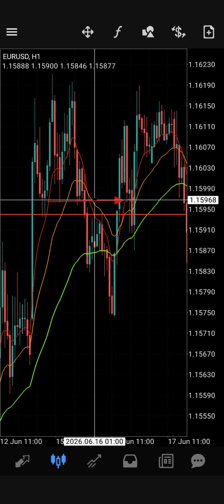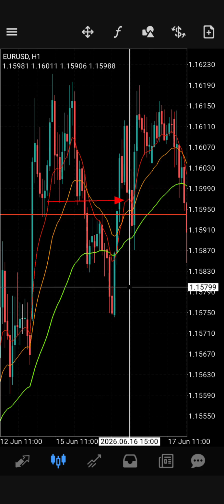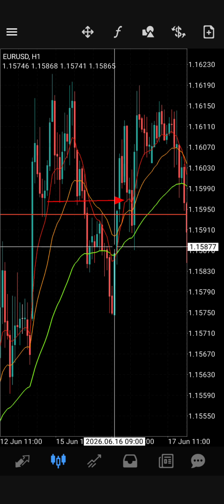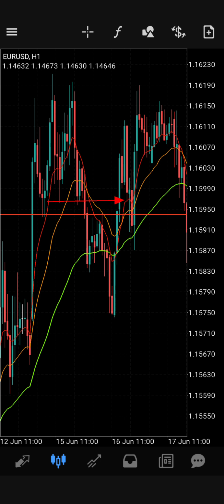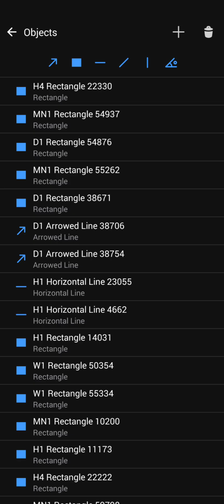So that automatically tells us that price is about to reverse, right? But then where do you enter? Oh, another thing, price will break previous structure and also pierce through the EMAs, then come back to retest. But then where do you enter to make sure that you enter at the right time, right?